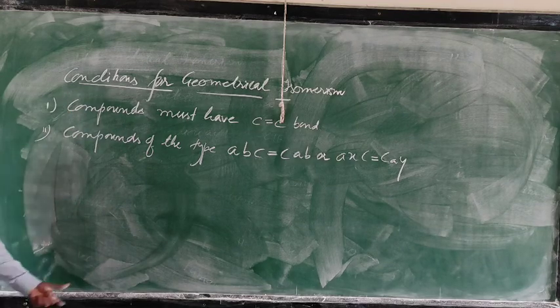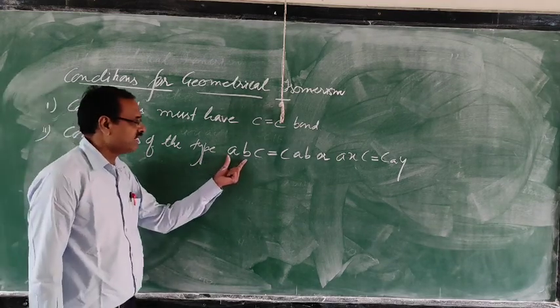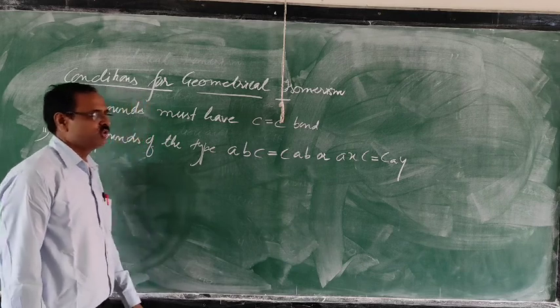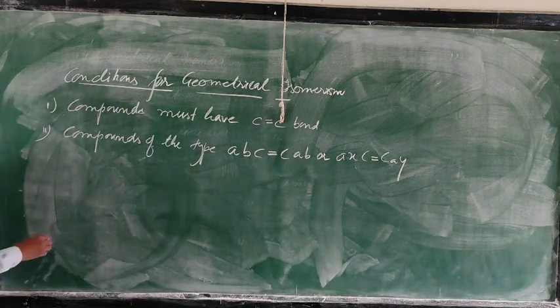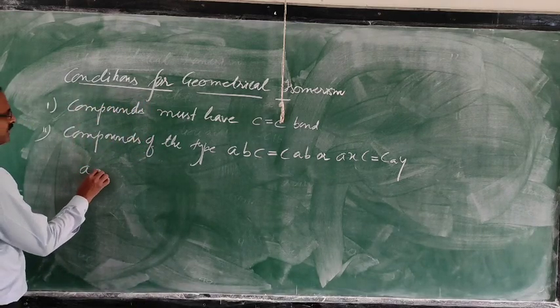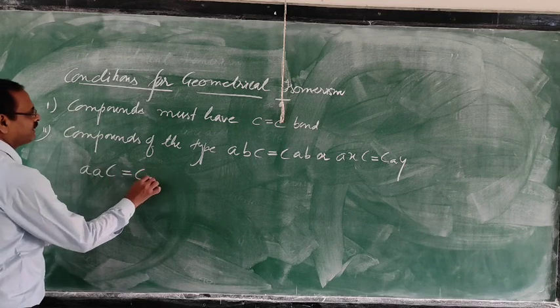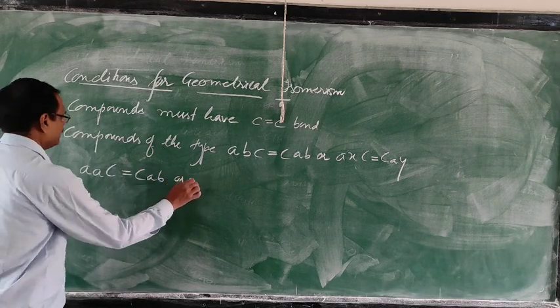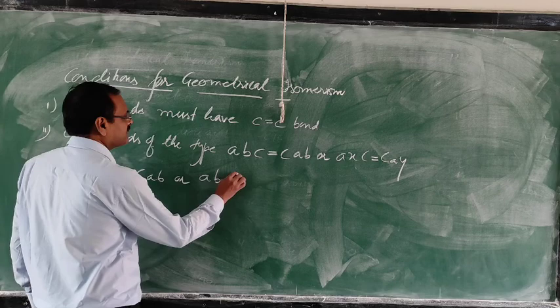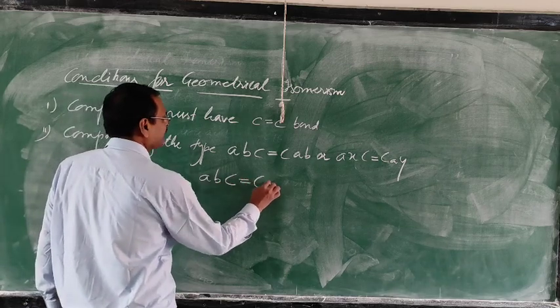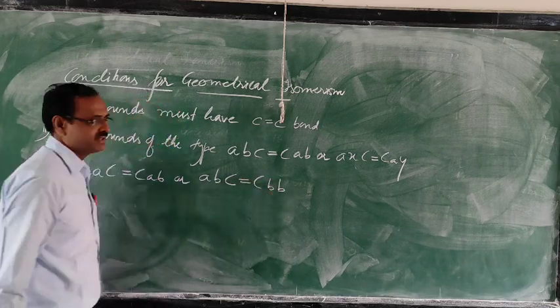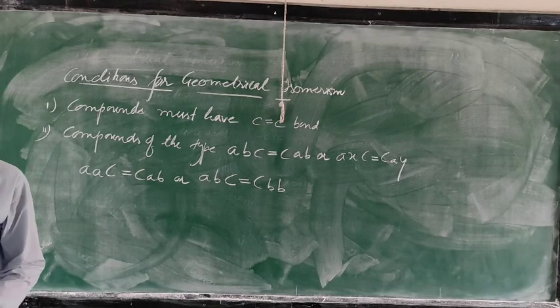And suppose that if similar groups are there, either here or there, then geometrical isomerism will not be possible. So compounds like AA C=C AB will not show geometrical isomerism.